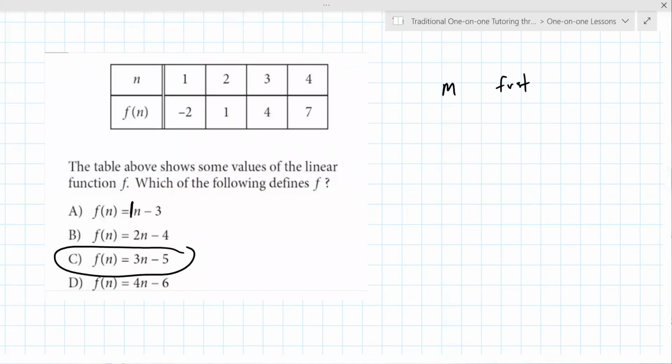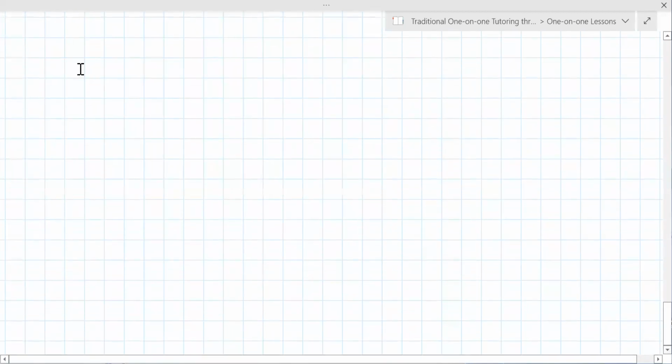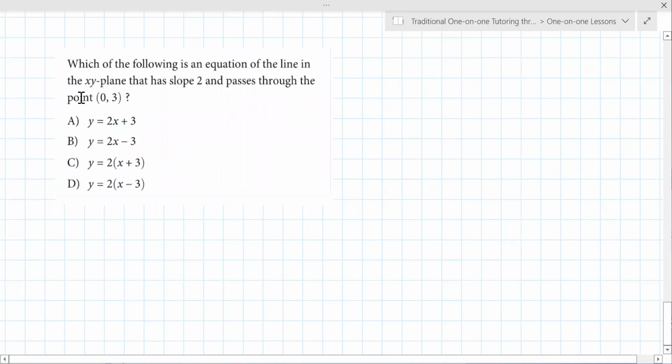Here's a few other related questions to try that are just like this, where they're basically asking you to take the information we've been talking about, the slope and the intercept, and write an equation of a line. So here you go. Take a look at that one.